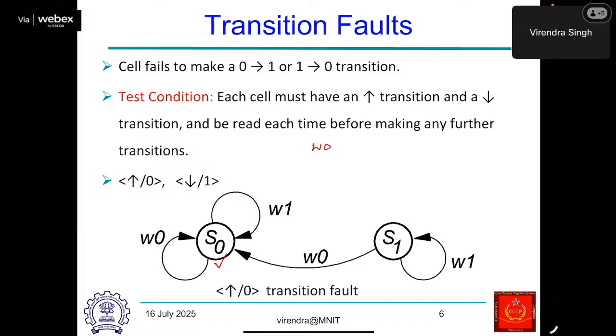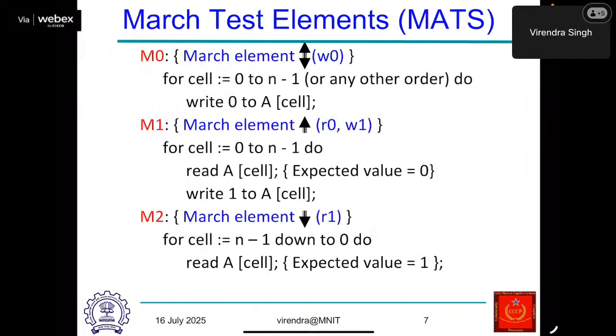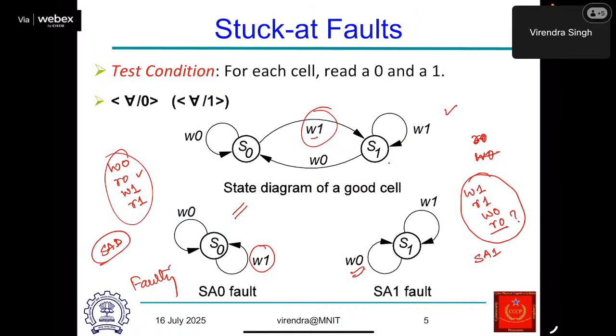Then I will read and check whether this is returning 0 or not. If I ascertain this, then I can go for this particular transition, right? That transition can distinguish between the good and bad cells.